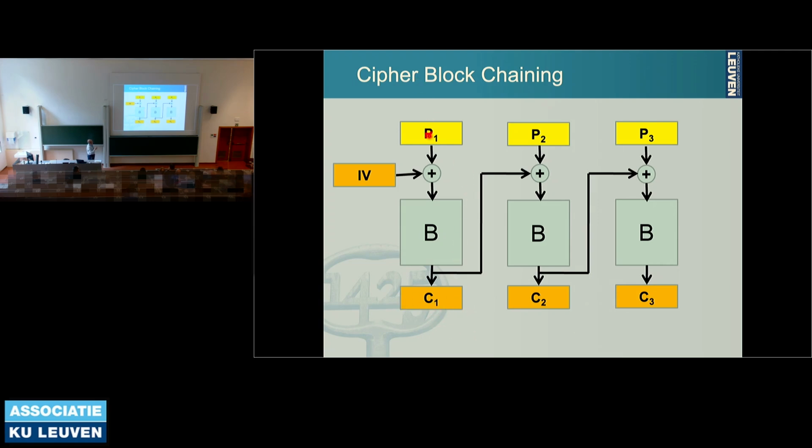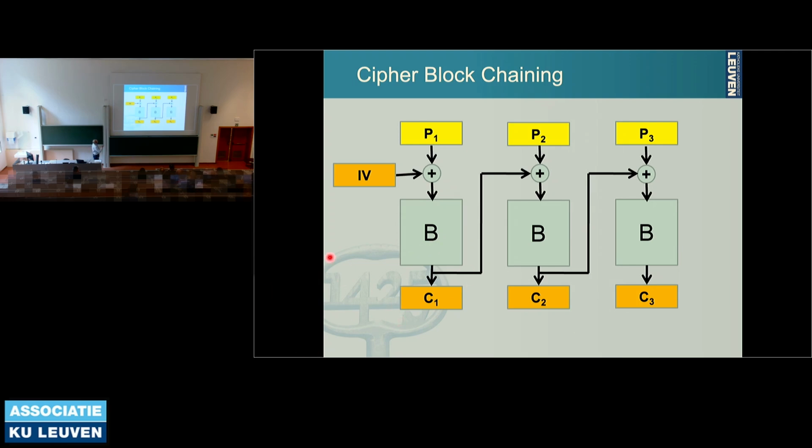And so you can see that even if P1 equals P2 equals P3, C1 will be different from C2 and from C3, because what goes into the block cipher is this block XORed with something else. And then, of course, you need to do something special at the first step, because you cannot XOR a previous block.